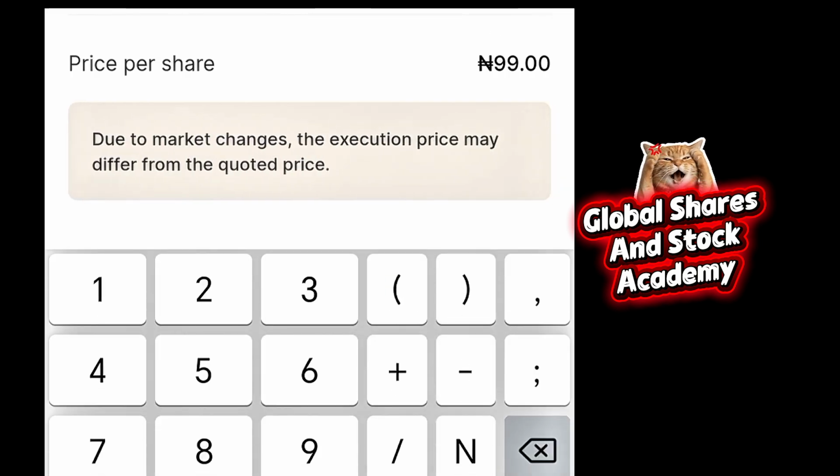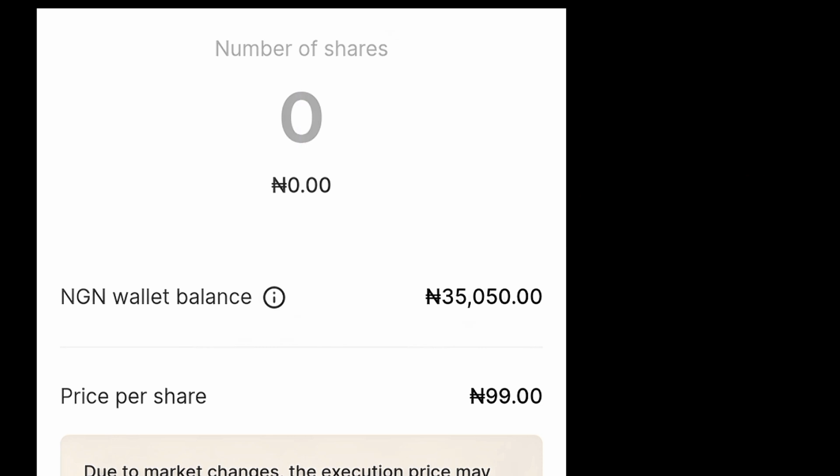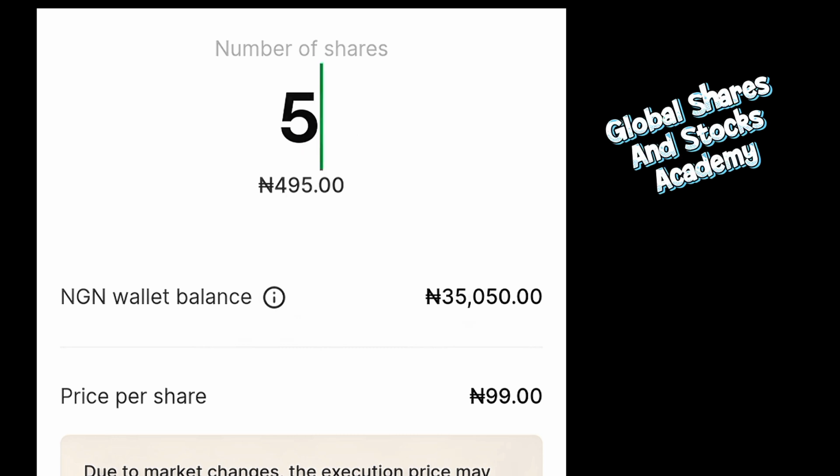You click on it and it will take you down to this place where you input how many shares you want. So previously we have 99 naira per share. 99 naira means for one share. So if you want to buy 100, you will be spending 9,900 for the shares. If you want to buy 50, you will be spending 4,950 for the same shares.